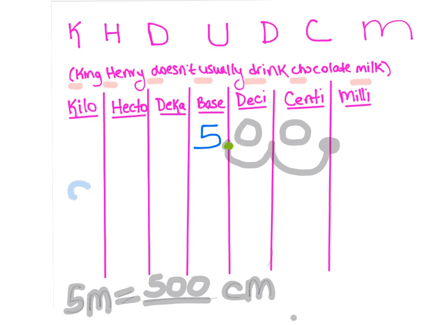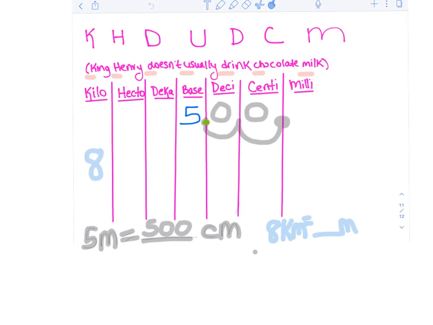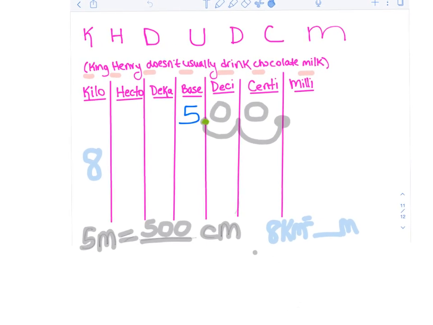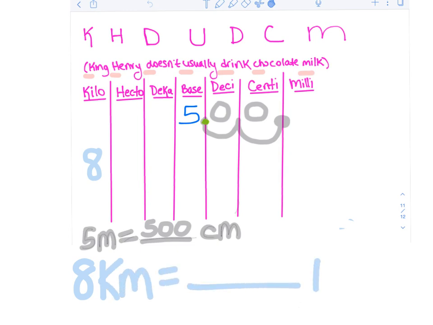Let's say 8 kilometers equals how many meters? 8 kilometers equals blank meters. A little bit of a learning curve here for me as well, so I ask you, of course, to be patient with me as I figure out the writing tools on the program here.